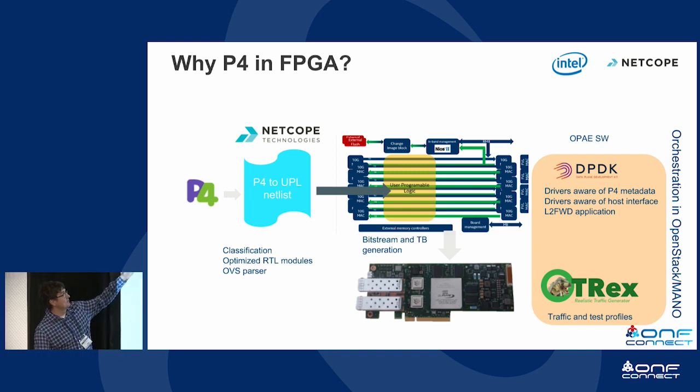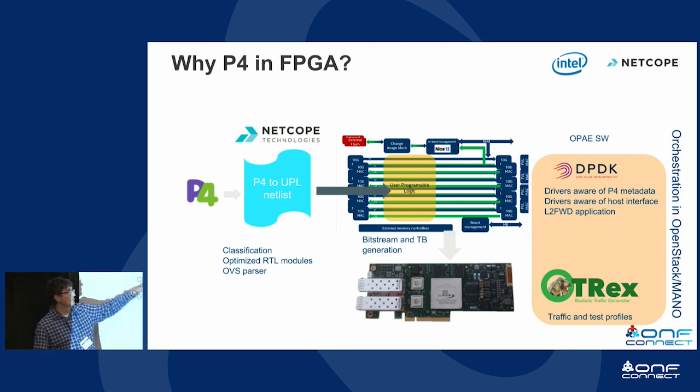You provide us the P4 code, which is really P4-16, which defines what we have inside of the card as a 16-port P4 switch. That is everything you need to do.